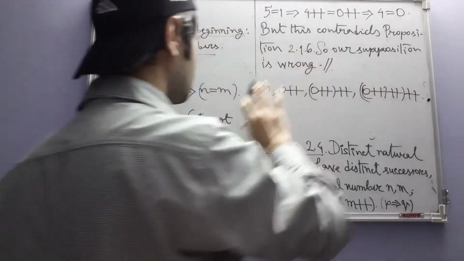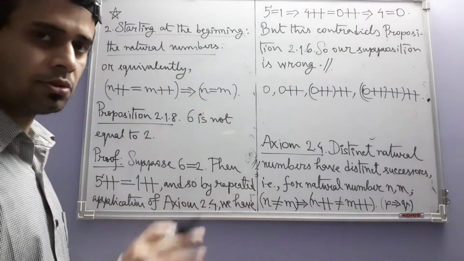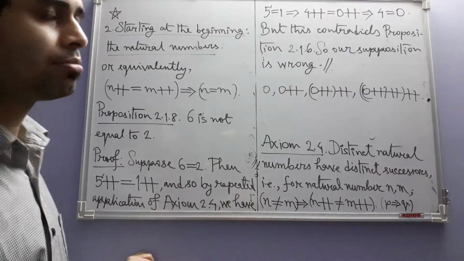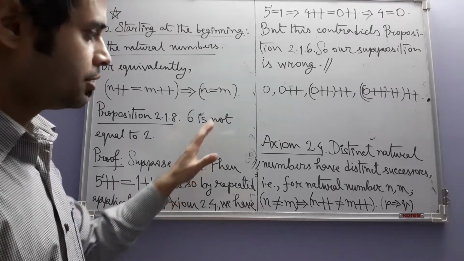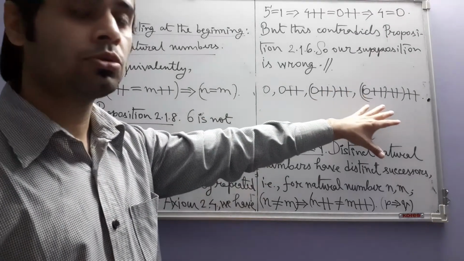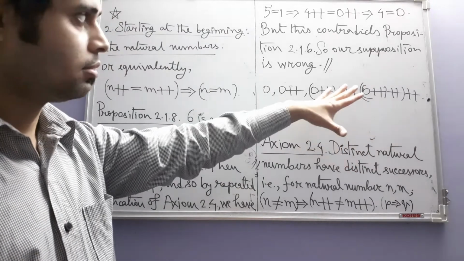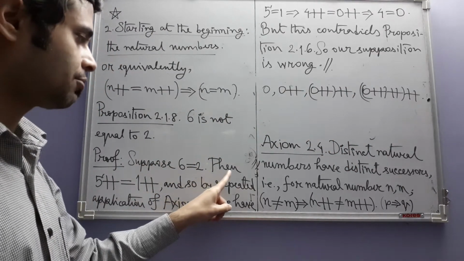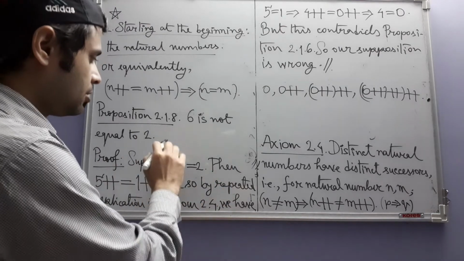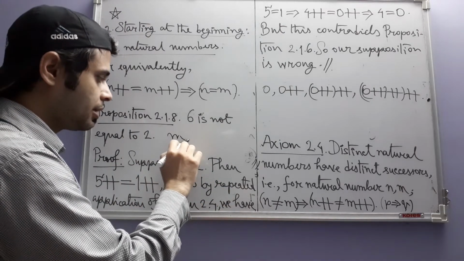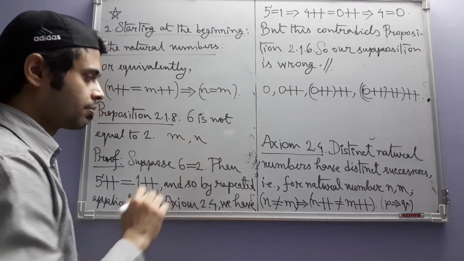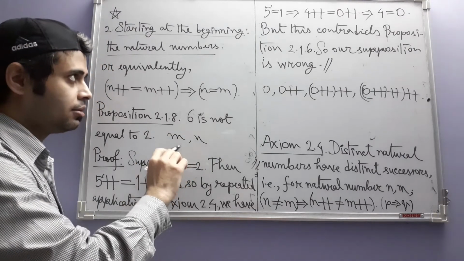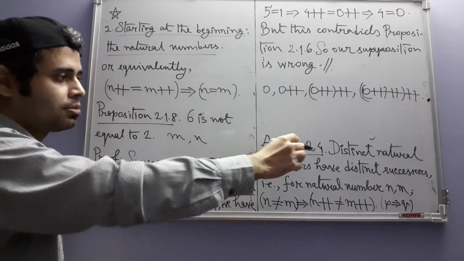Of course, we have only shown that 6 is not equal to 2 or 4 is not equal to 0, but it can be shown in general using these axioms that no two natural numbers are equal. In fact, this proof gives you an idea of how to achieve that. You consider two natural numbers m and n, right? And then you keep on using axiom 2.4.